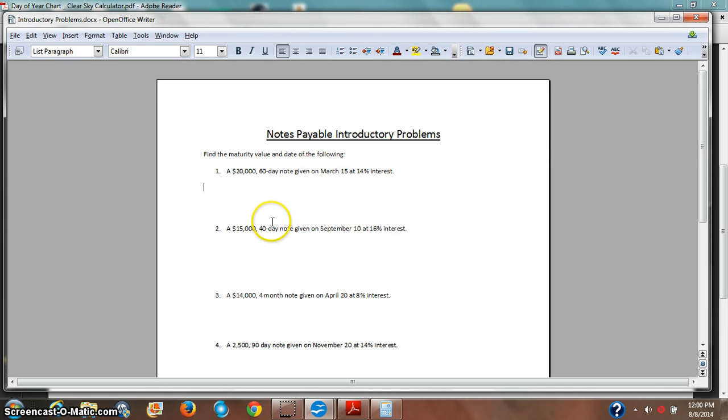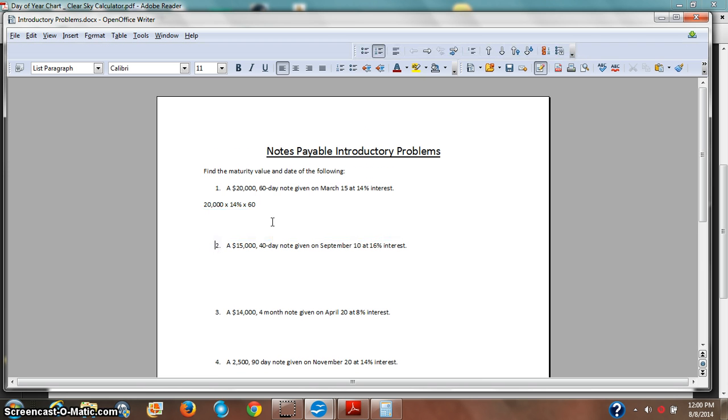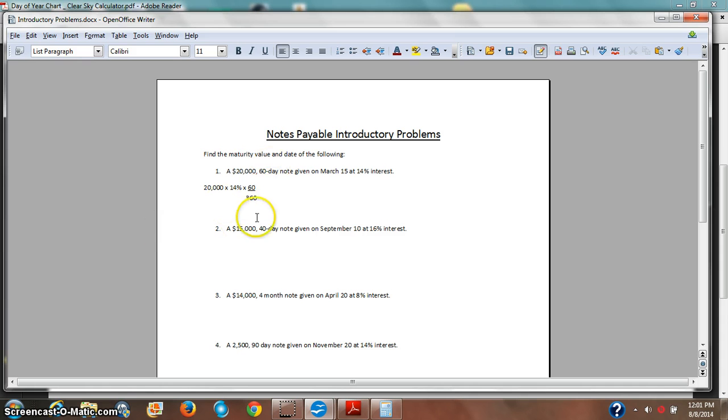I'm going to take $20,000 times my 14% interest, and I'm also going to multiply it times 60 days, but I'm going to divide this 60 days by 360. Let me put the fraction up there. There's my fraction.